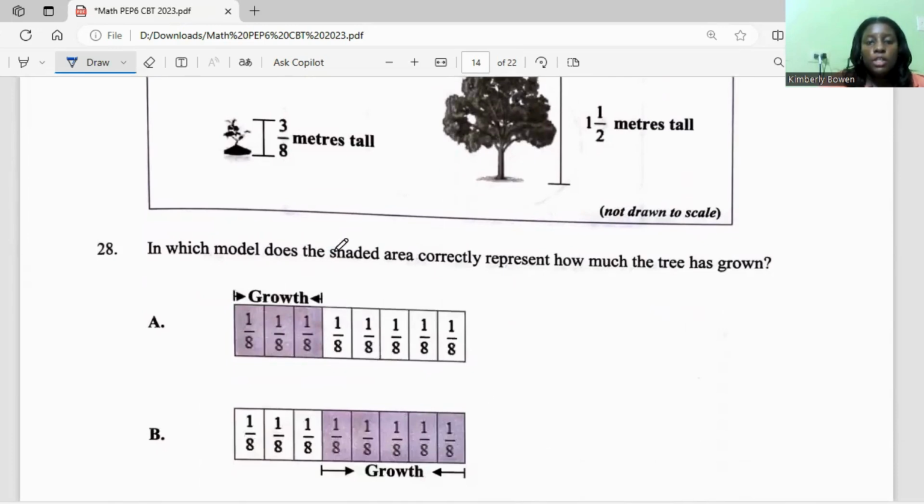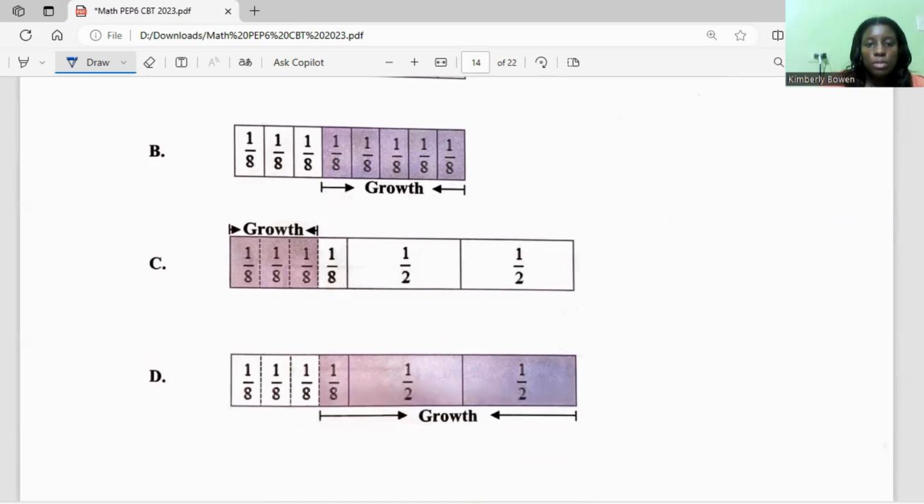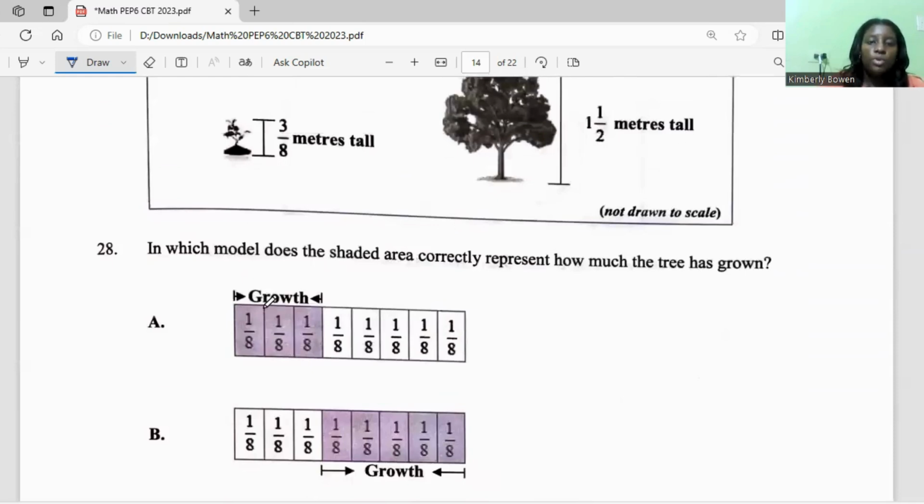In which model does the shaded area correctly represent how much a tree has grown? The first it was 3/8. I didn't think the growth would be this part. The growth would be afterwards. So you had 3/8 first, and that's what it was initially when it was planted. And let's check if these remaining pieces will give you 1.5.